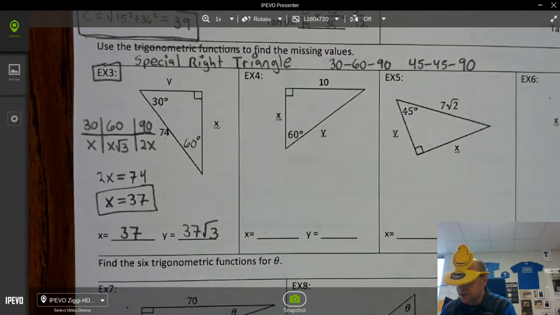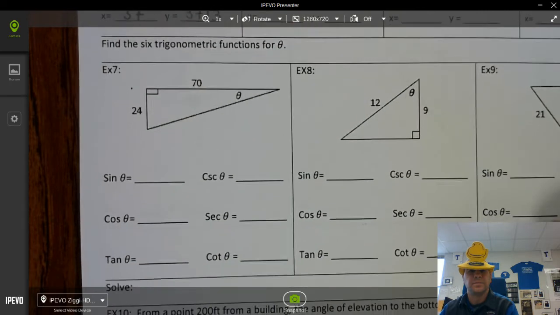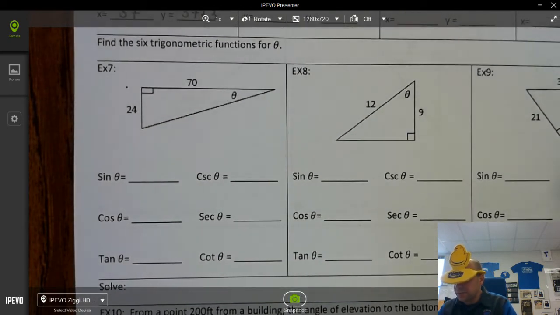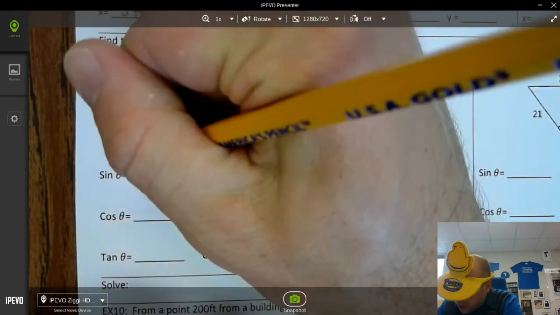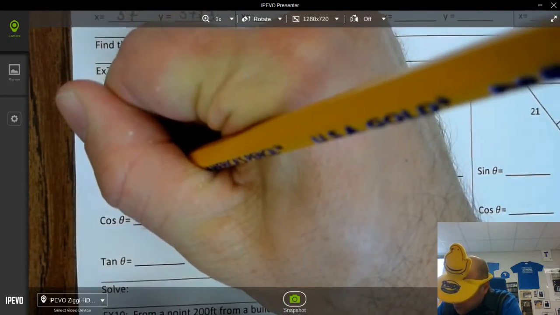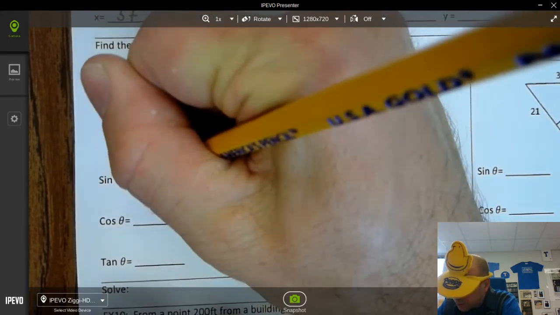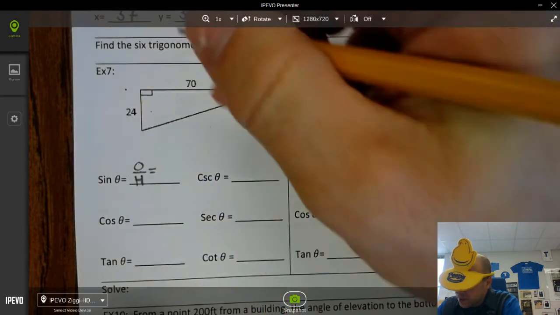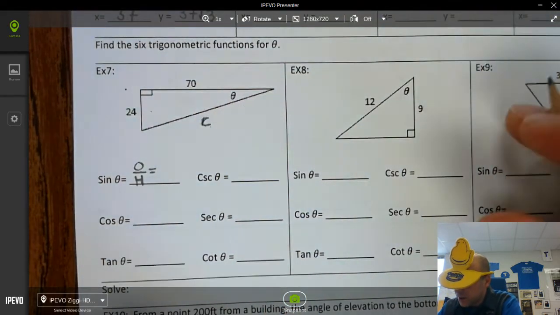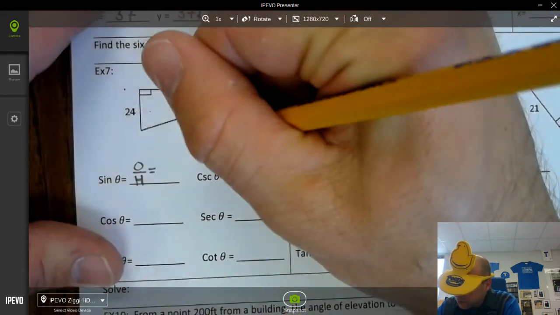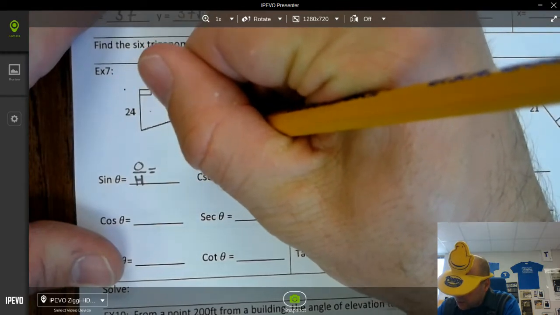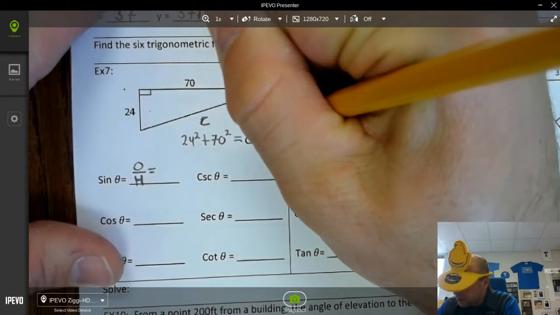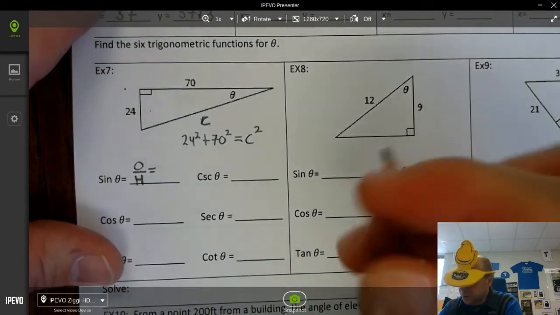All right, now let's look at example 7. It says find the 6 trigonometric functions for theta. Okay, so sine of theta is opposite over hypotenuse, so divide by hypotenuse. Well, we have the opposite, but we don't have the hypotenuse. So we know we can find that using the Pythagorean theorem. So we know that 24 squared plus 70 squared equals c squared. Take the square root of both sides.